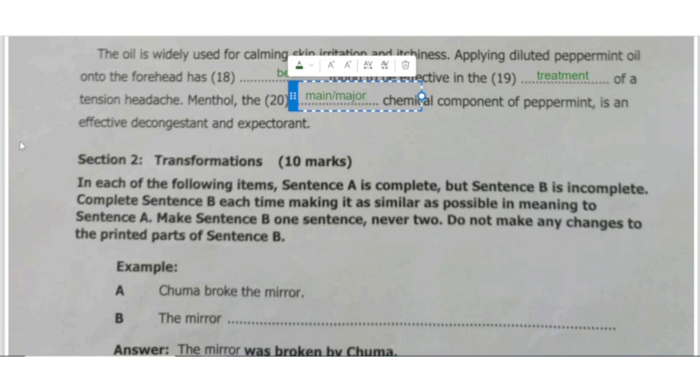And it can also be accepted if you write the word basic. So these three words can be accepted and they are correct.